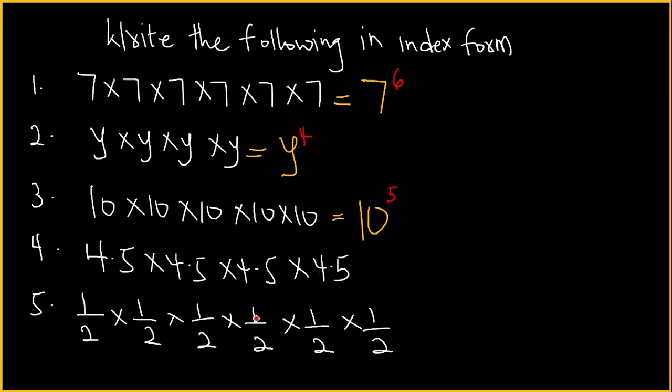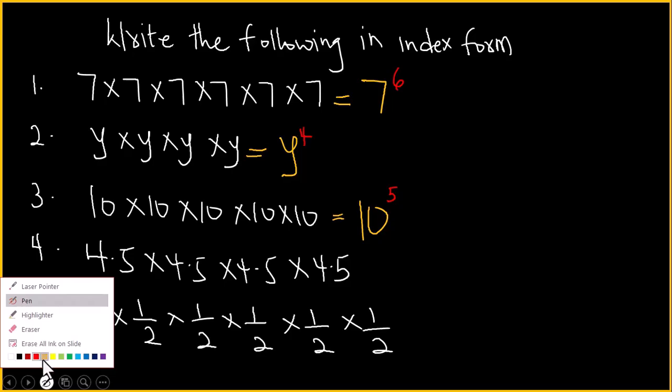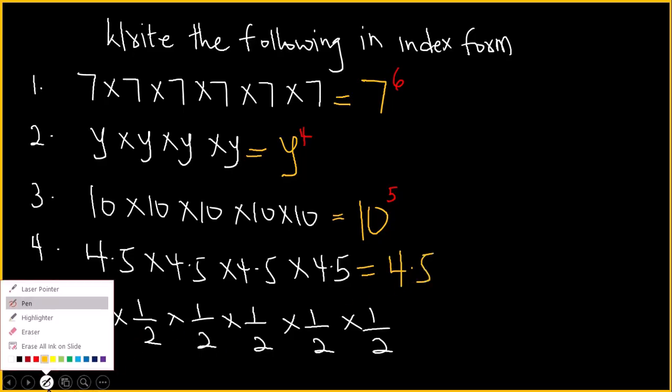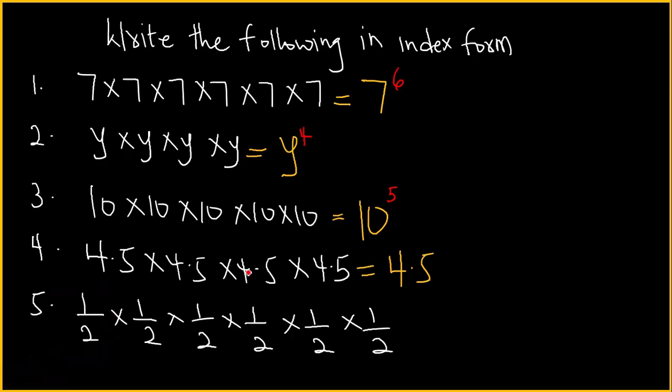The next one, we have the decimal 4.5, 4.5, 4.5, 4.5. 4 of the 4.5s repeating itself 4 times, to the power 4. The next one, we have half repeating itself 1, 2, 3, 4, 5, 6.